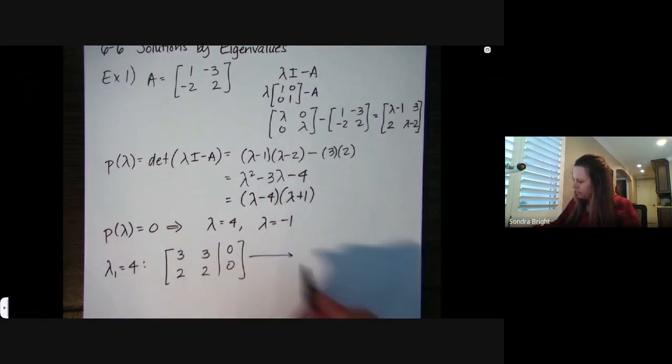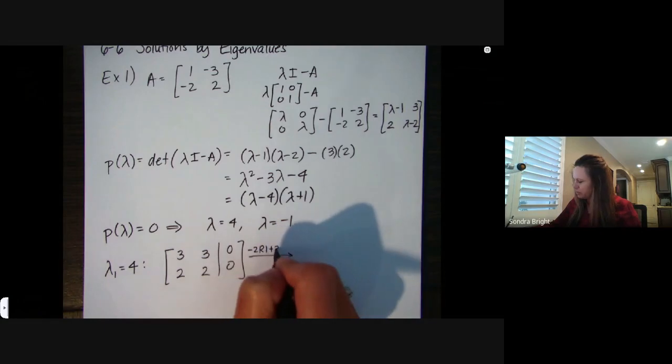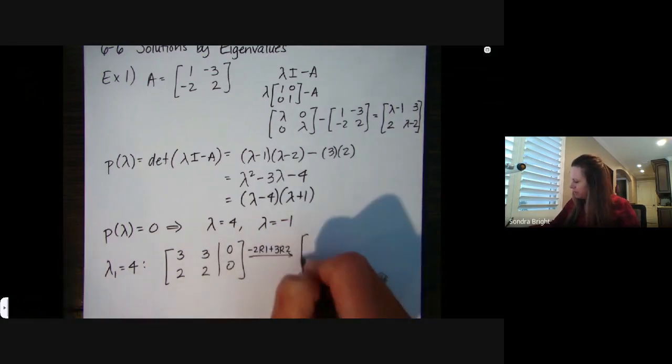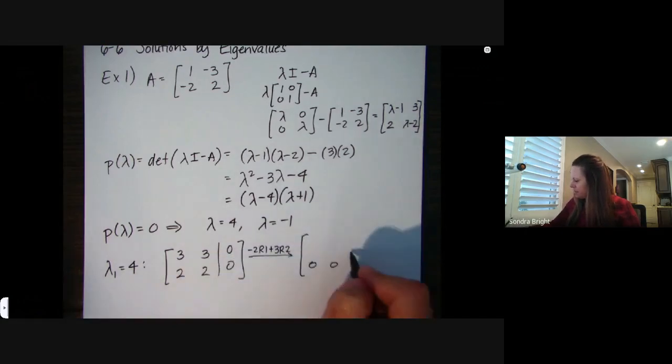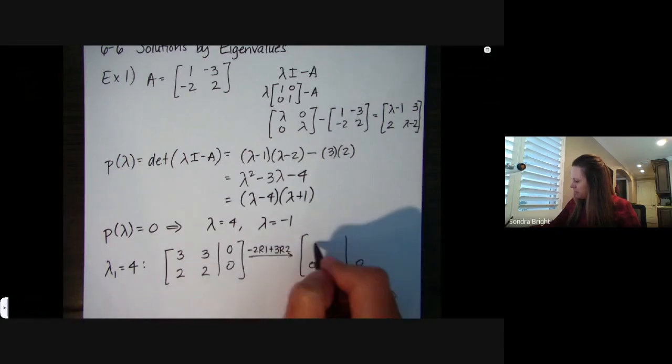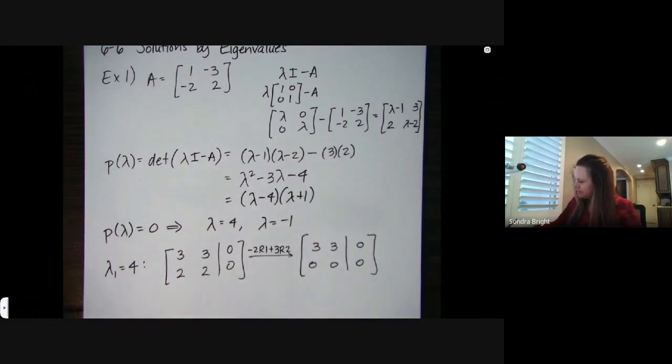If you do -2 row 1 plus 3 row 2, that gives -6 plus 6 is 0, and 0 plus 0 is 0. Then the first line means 3x1 plus 3x2 is equal to 0, which gives that x2 is equal to -x1.